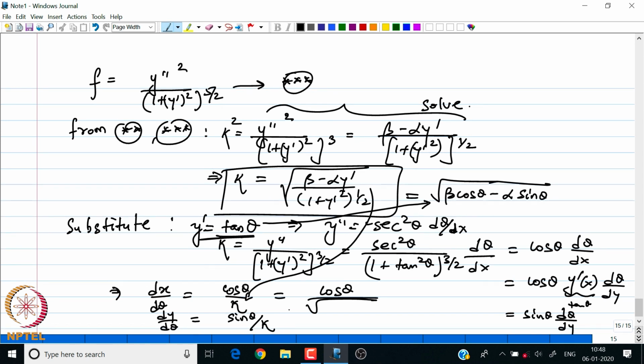Okay. So, dx d theta becomes cos theta divided by the square root of beta cos theta minus alpha sin theta, and dy d theta becomes sin theta divided by the square root of the same quantity beta cos theta minus alpha sin theta.